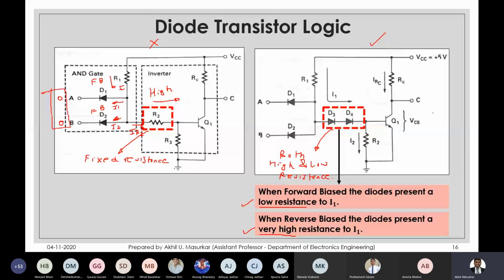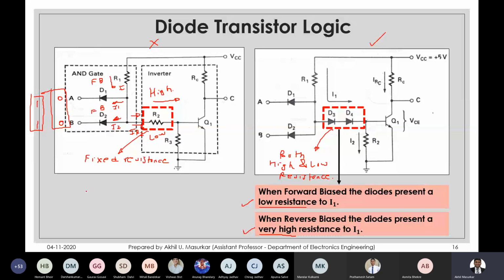When I am giving 1, 1, I want all the current to pass through this, so at that time I want R2 to be low. Now the problem with a fixed value of R2 is that we cannot change the value suddenly in between. Once you fix the value, it remains R2 only, it will not change.